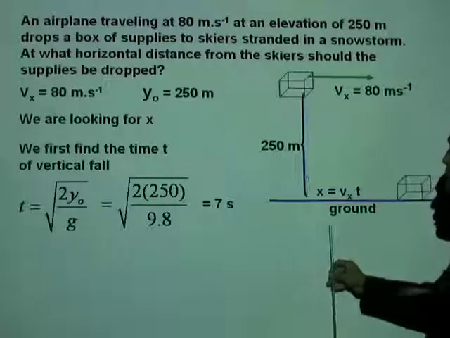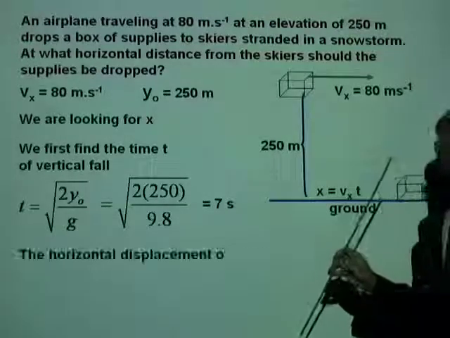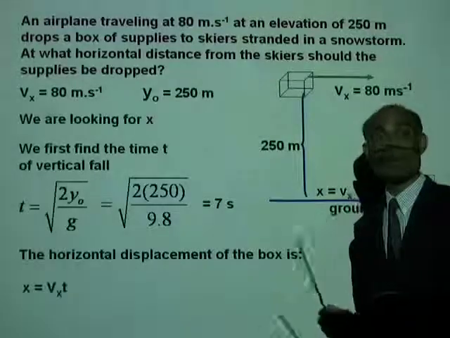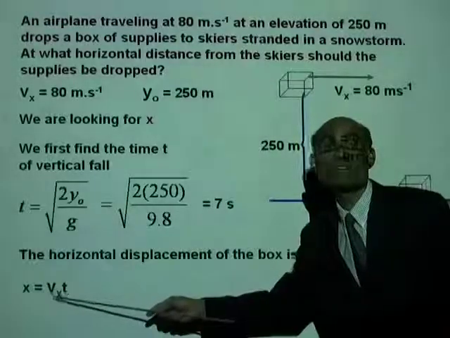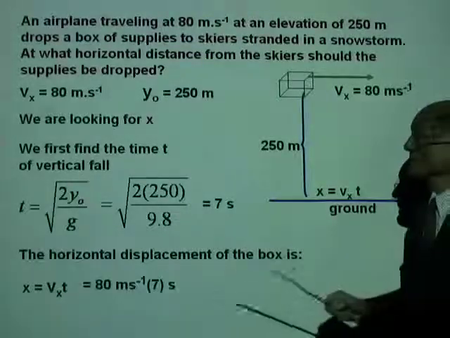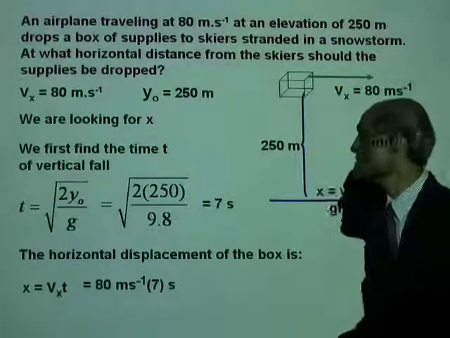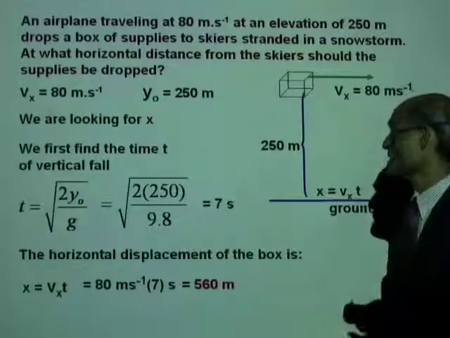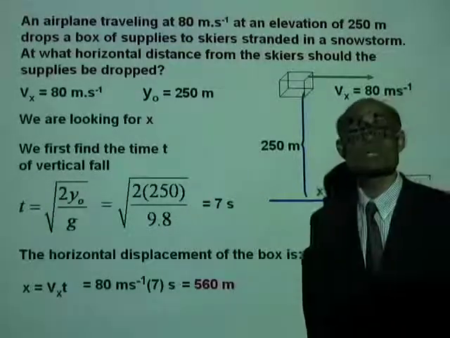So what is going to be the horizontal distance the box will move? The horizontal displacement of the box will be x equals Vx multiplied by that time. That will be 80 meters per second times 7 seconds. That is 560 meters.